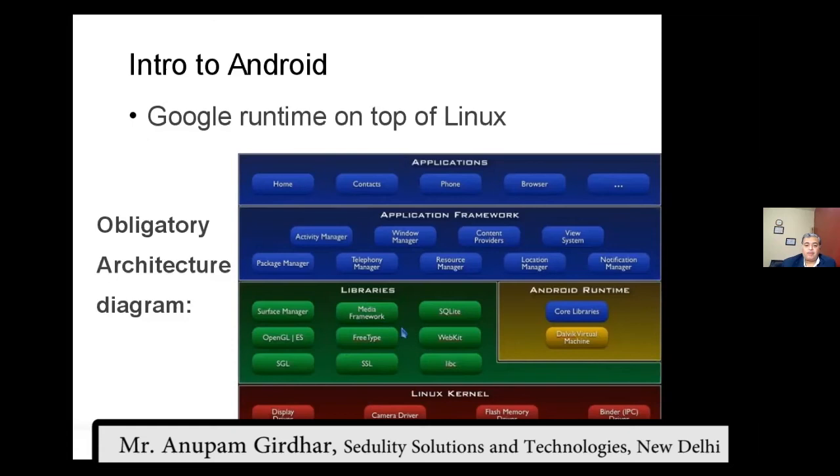Further, these libraries are used for different types of frameworks, for example to view the geographical location, or to see the telephony lists like missed calls, received calls, notifications, and the activity manager.